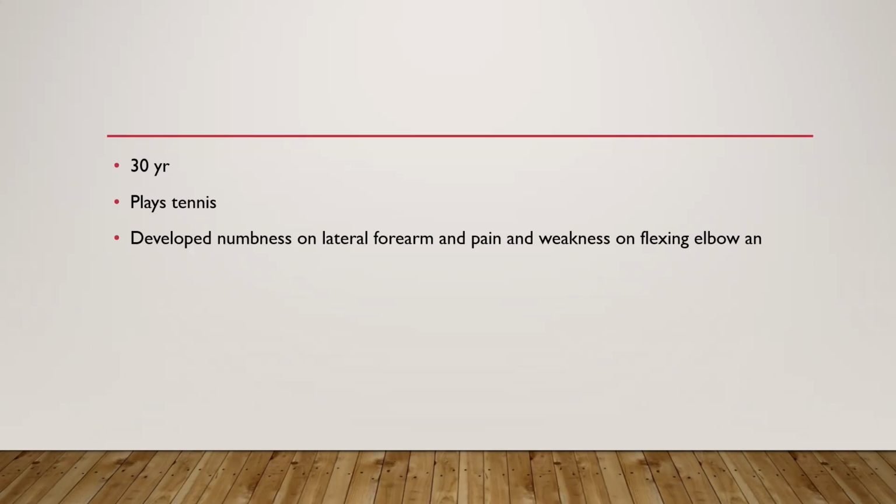It may be a possibility of lateral cord, C5, C6 root. The musculocutaneous nerve terminates as the lateral forearm cutaneous nerve, which produces the numbness. Pain and weakness on flexing of the elbow, also biceps weakness, indicate musculocutaneous nerve, C5, C6 root or upper trunk.